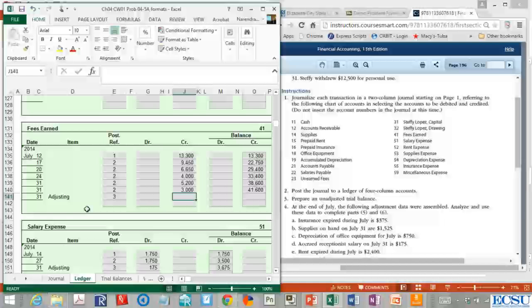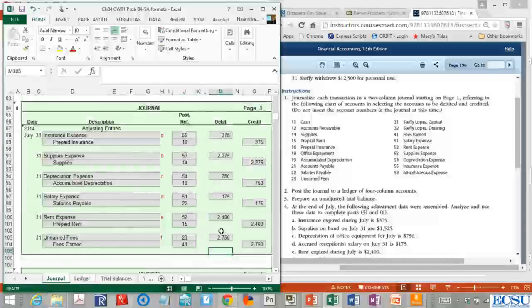No, it was a credit. Fees earned was a credit of how much? It was a credit of 2750. Yes, so therefore the new balance will be 44,350. Okay, so that's how we handle that journal.